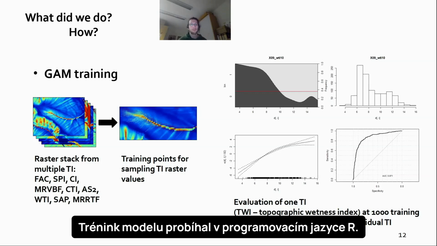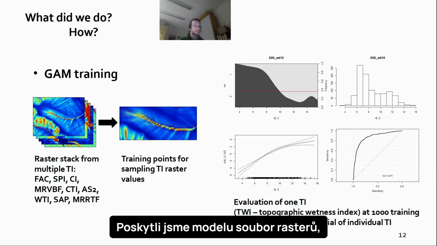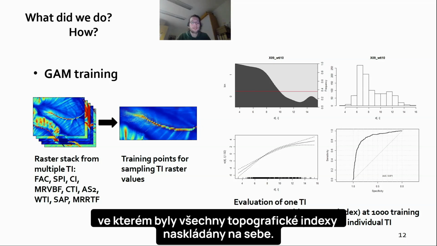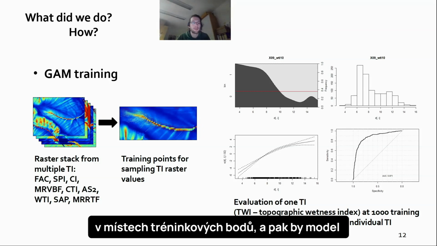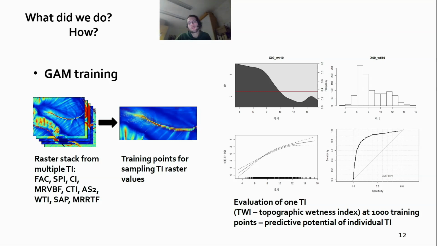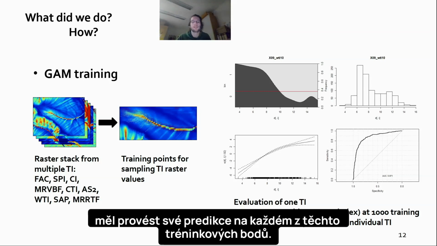The training of the model took place in an R script, so we supplied the model with a raster stack, so all the topographical indices were put on top of each other, and then we extracted the values at the locations of the training points, and then the model should perform its prediction at each of these training points.